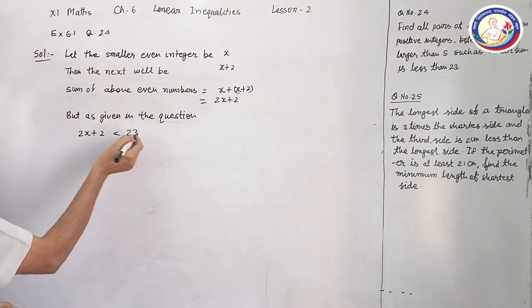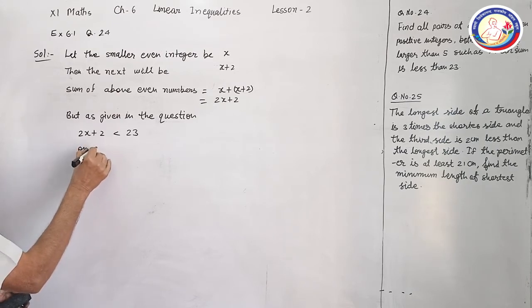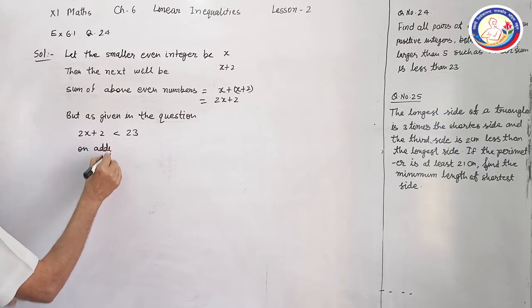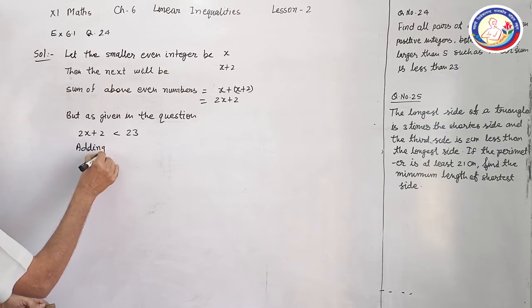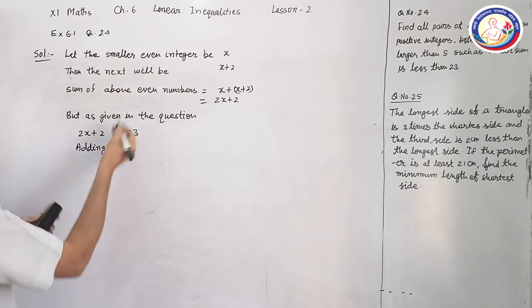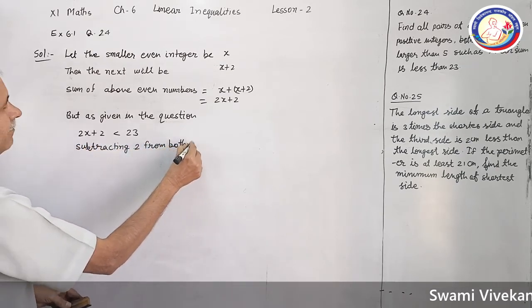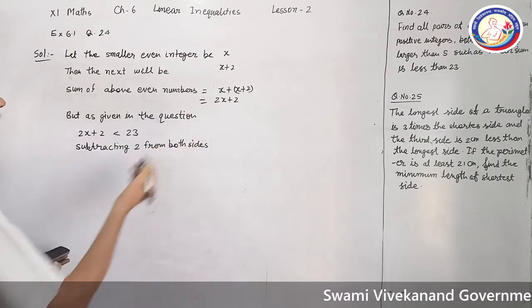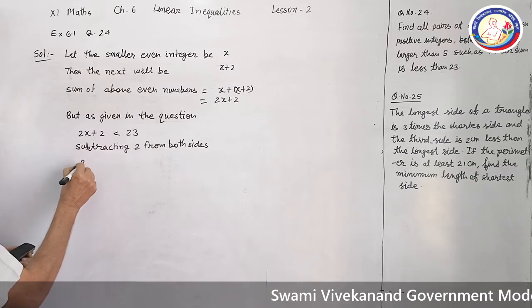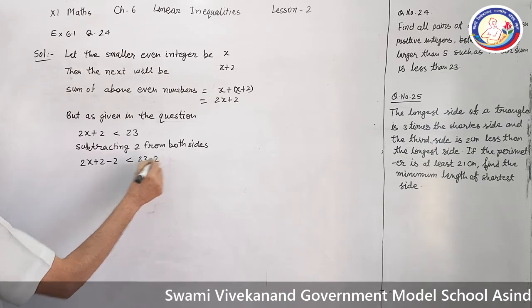So 2x plus 2 is less than 23. On adding or subtracting 2, or we may simply write using rule 1: 2x plus 2 minus 2 is less than 23 minus 2.